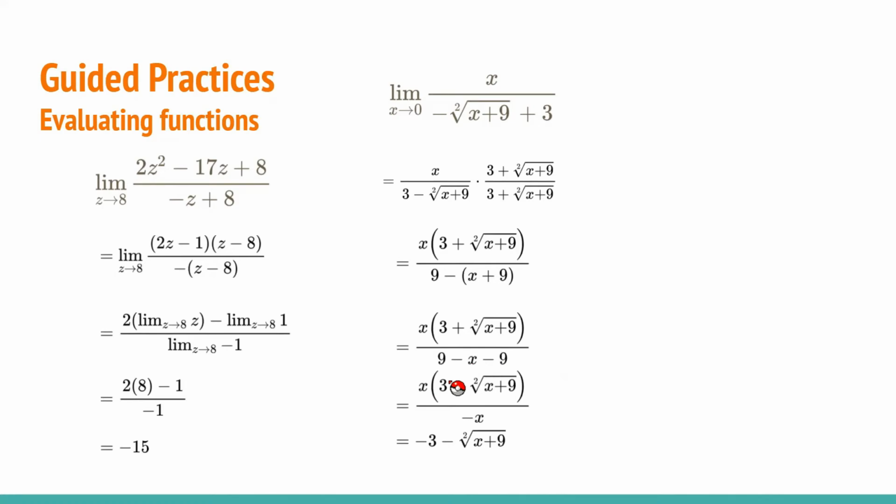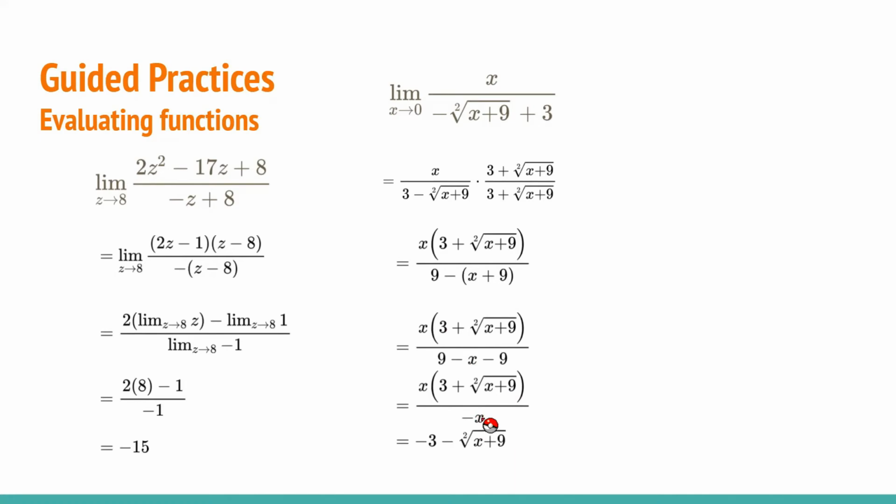So our values in our denominator will be 9 minus x minus 9. Here we can cancel out 9 since 9 minus 9 is already 0. So we are left with negative x.